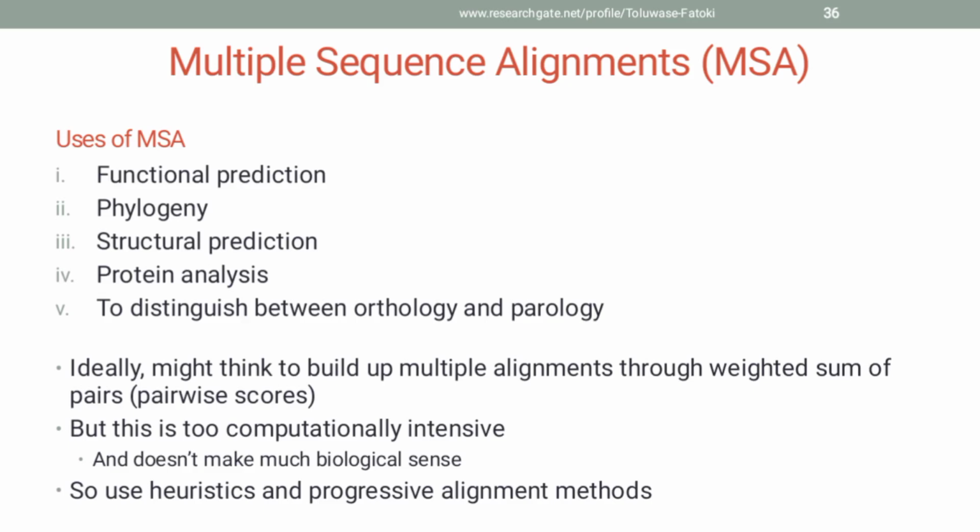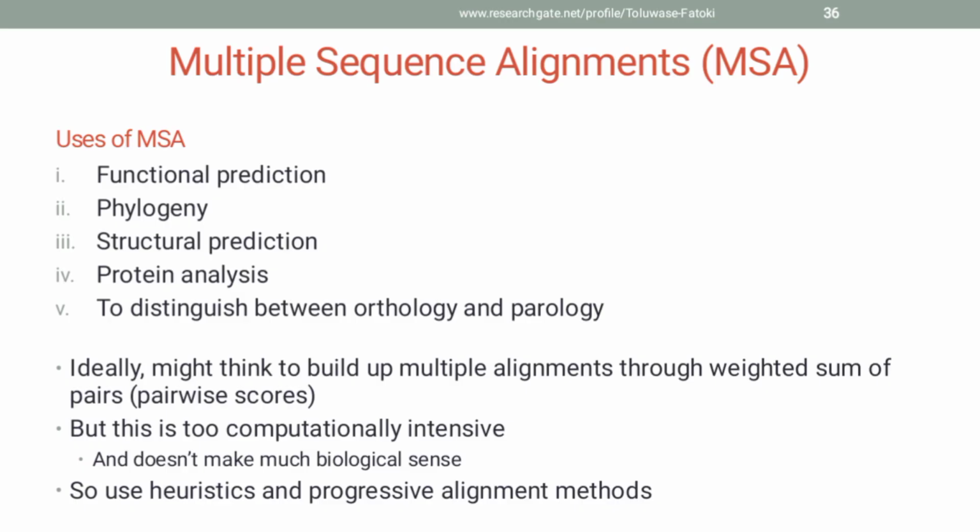So you want to predict the functionality of those sequences and see the areas that are very functional within that set. Then it can be used as a step towards determining phylogeny. That is, if you want to construct a phylogenetic tree, you must first do your multiple sequence alignment.